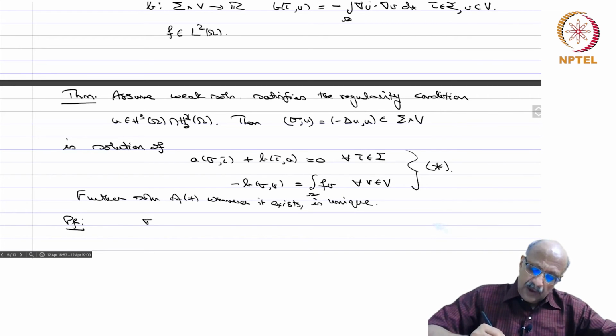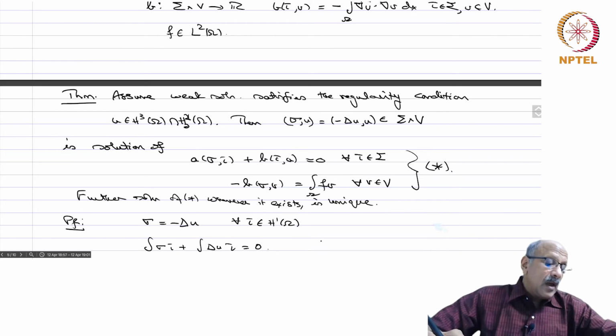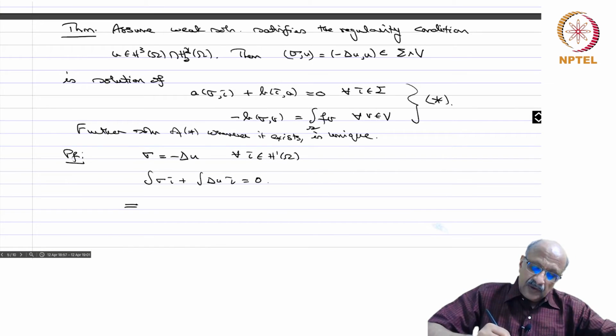So we have sigma equals minus Laplacian of u, and therefore for every tau in H1 of omega, which is automatically in L2 of omega, you have sigma tau plus integral Laplacian u tau equal to 0.